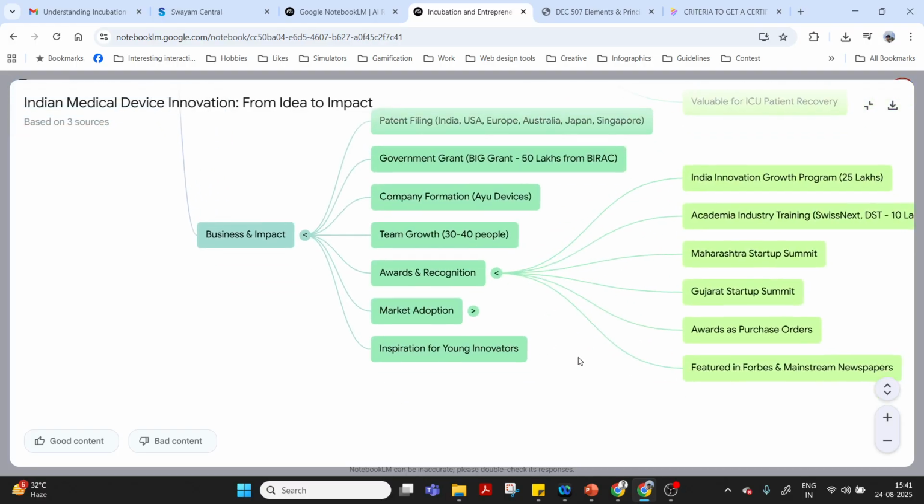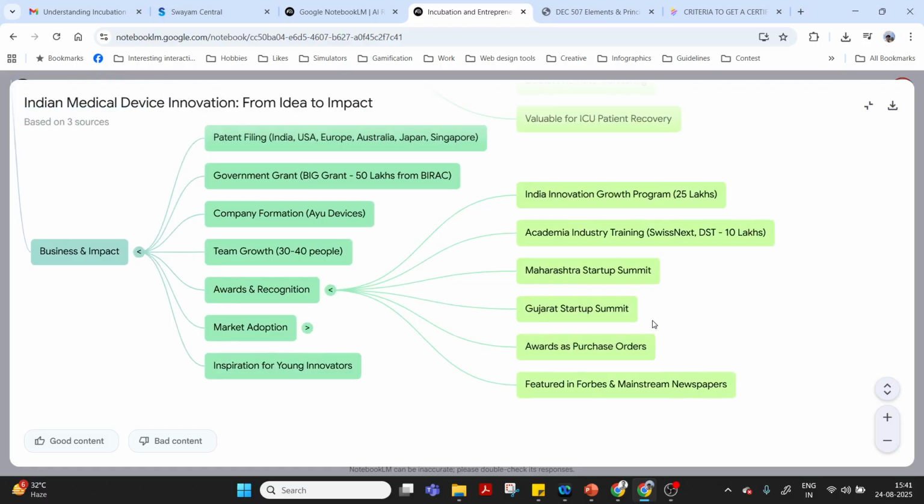Now, this is very interesting because they've got so many awards, in Gujarat startup, Maharashtra startup, and so on. What they do is give the money and ask you to deliver those products and those numbers. So it's a very great way of supporting these startups.